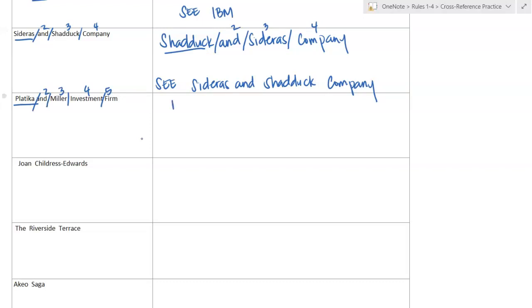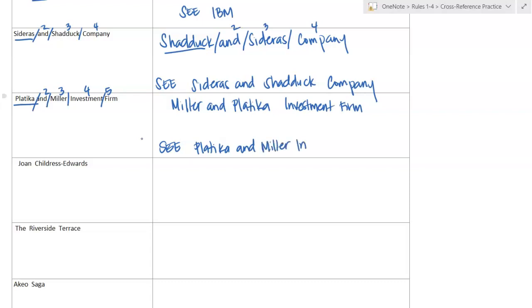So my cross-reference would then be Miller and Platika Investment Firm. And we would do C Platika and Miller Investment Firm.